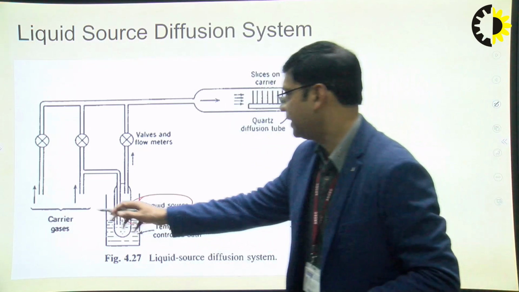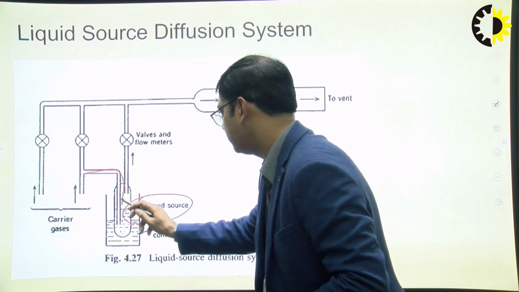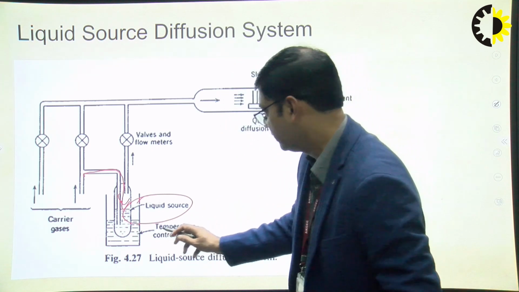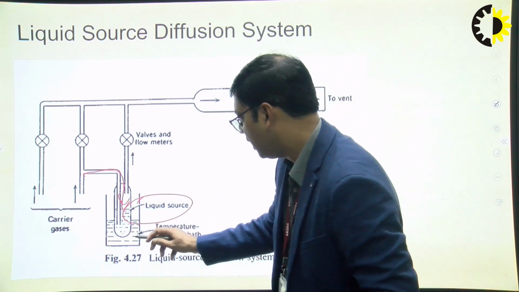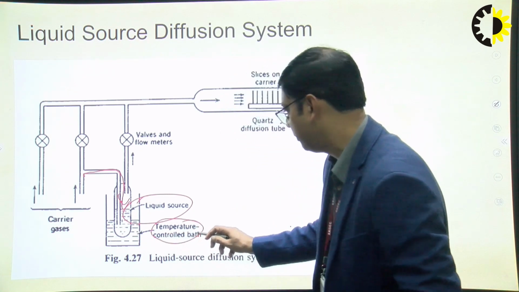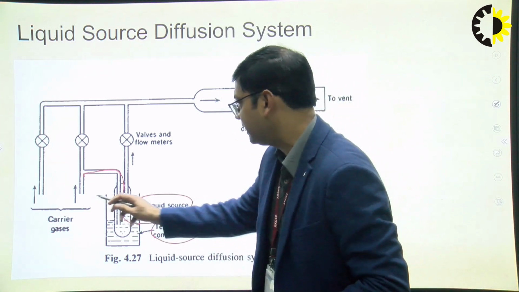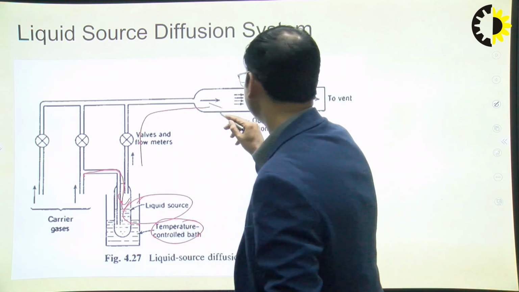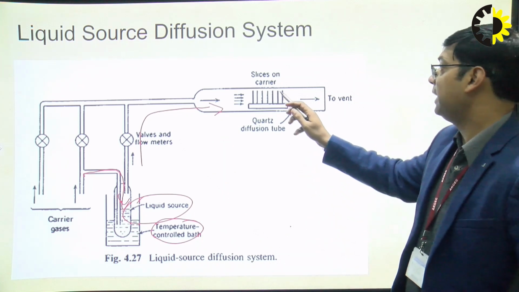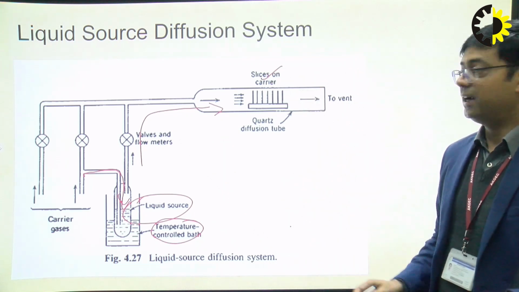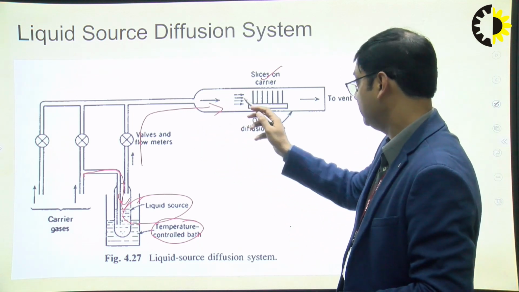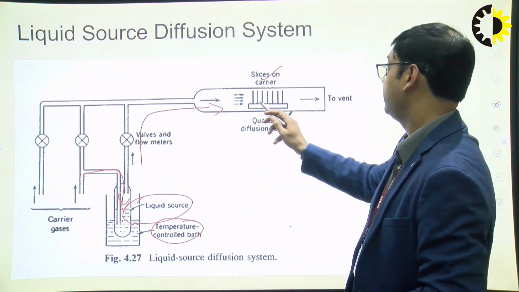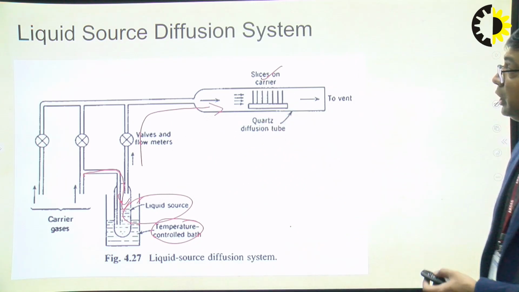Here the carrier gases are sent into this liquid source, which is given a high temperature treatment with the help of a temperature controlled bath, and these carrier gases saturated with vapors now flow into the quartz tube where the slices or wafers are kept, and the carrier gases take the dopant vapors into the quartz tube where the diffusion happens. So this is a liquid source diffusion system.